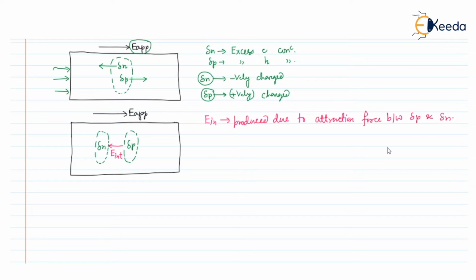This attracting force will hold back the excess holes and electrons towards each other. So we can say that this E internal will hold del p and del n together, towards each other.